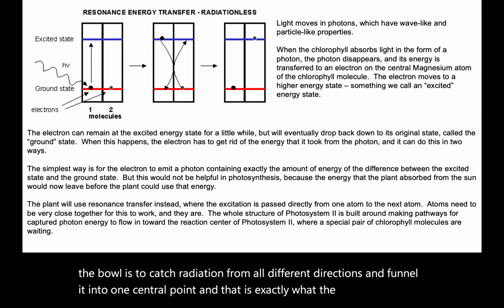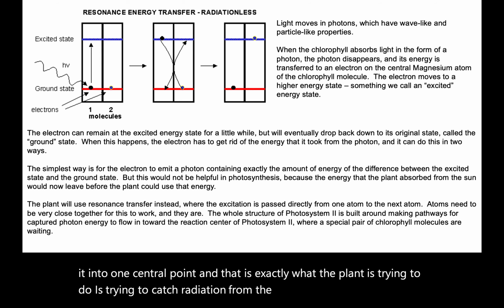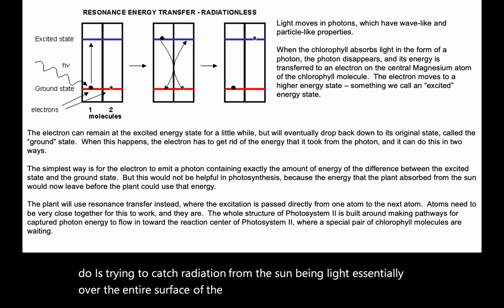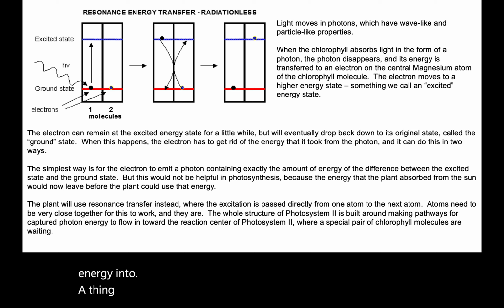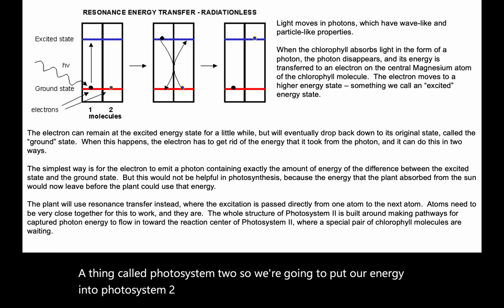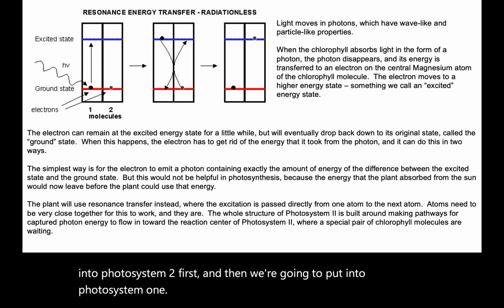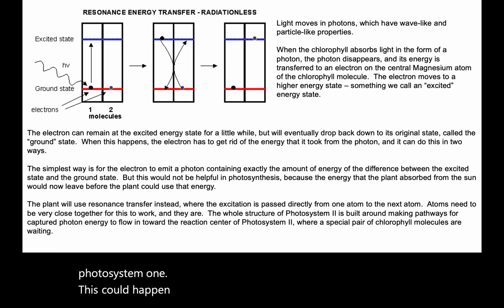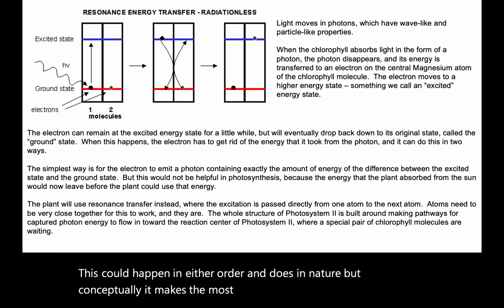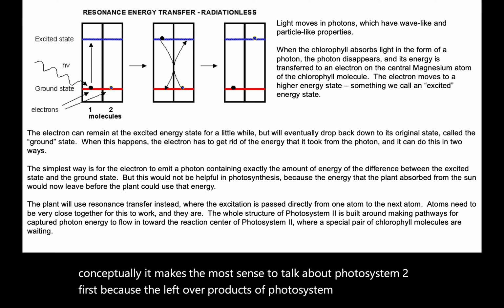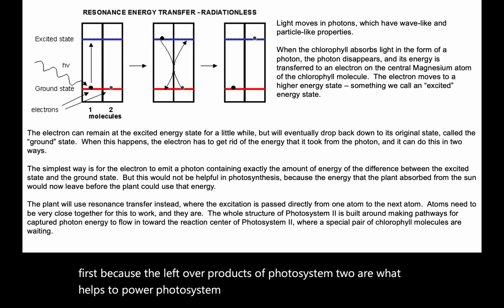It's trying to catch radiation from the sun, being light, essentially, over the entire surface of the leaf, and then funnel that energy into a thing called photosystem 2. So we're going to put our energy into photosystem 2 first, and then we're going to put it into photosystem 1. This could happen in either order and does in nature, but conceptually it makes the most sense to talk about photosystem 2 first, because the leftover products of photosystem 2 are what helps to power photosystem 1. So the two are linked up in this way.